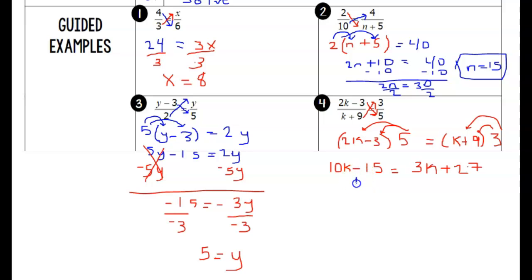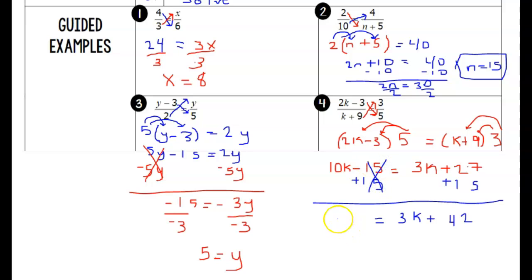I am going to start by adding 15 to both sides. 27 plus 15 is 42, and the 3k comes down. So I've got 3k plus 42, and it's equal to, my 15s cancel, and I've got 10k.